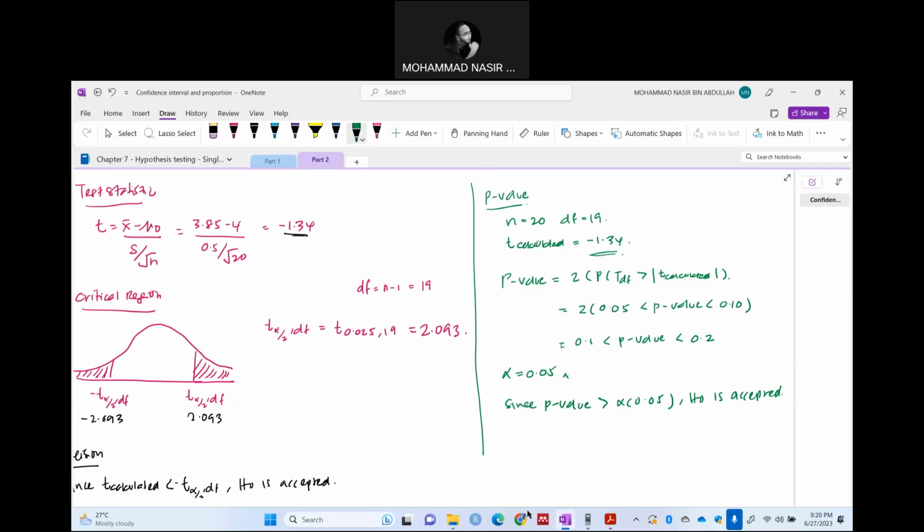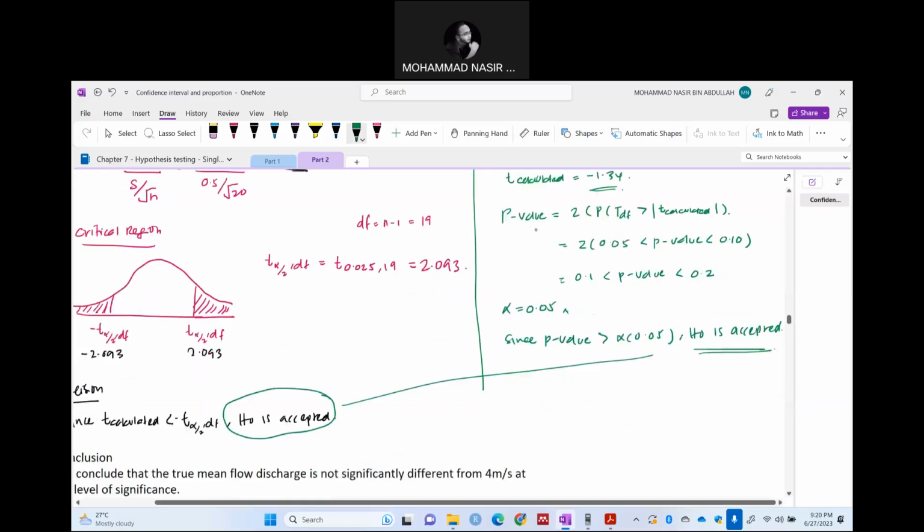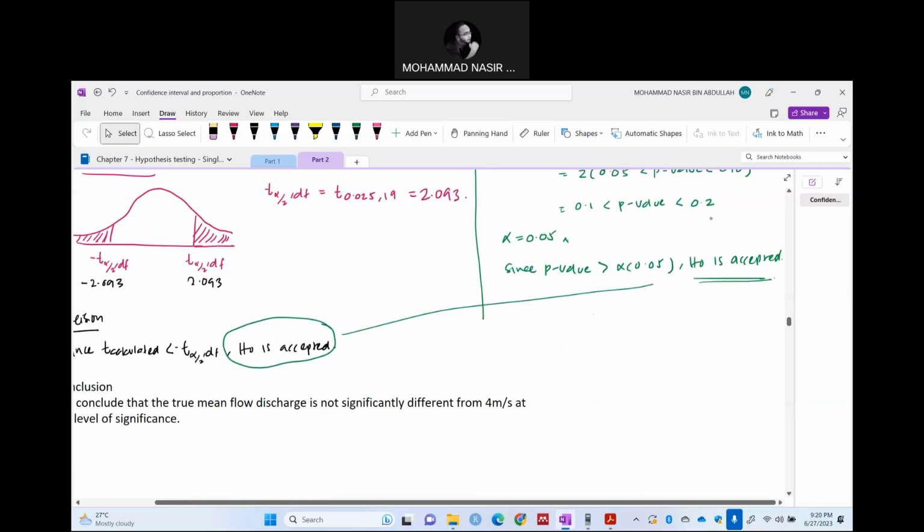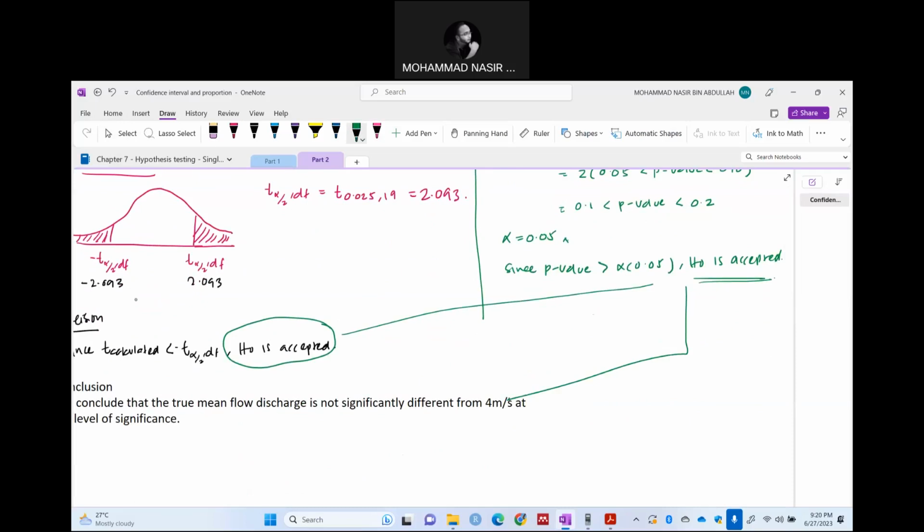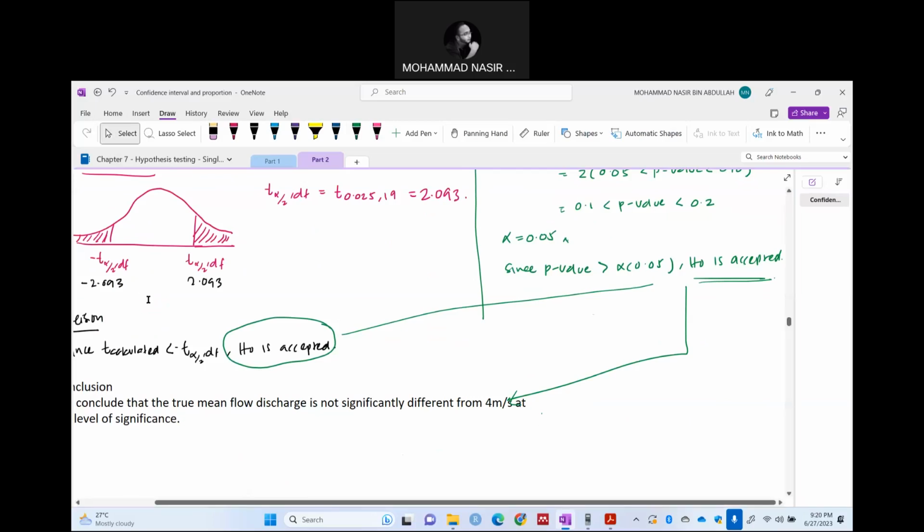So the decision using the p-value approach and the critical value approach should be the same, okay? And we conclude based on the null hypothesis. Boleh? Any questions so far?